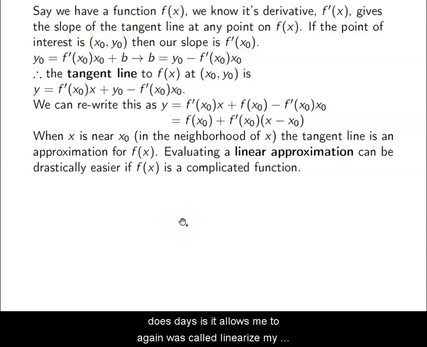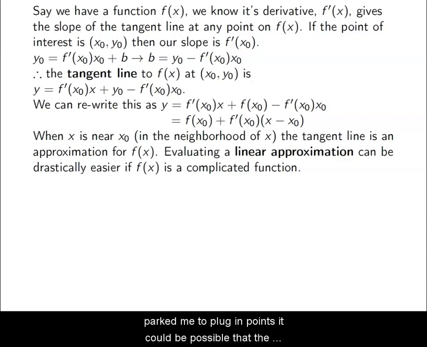So what this does is it allows me to linearize my function. So let's say I have some crazy function with e to the x everywhere, a natural log, and x to the 50th, and I want to analyze my function or just see what's happening around some area, but it's really hard for me to plug in points.